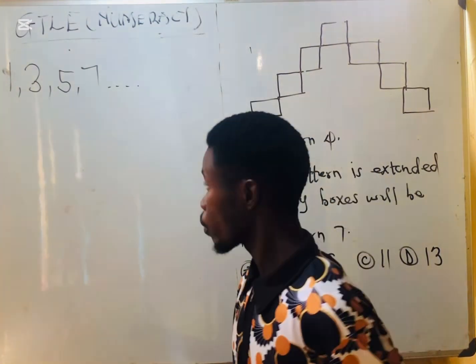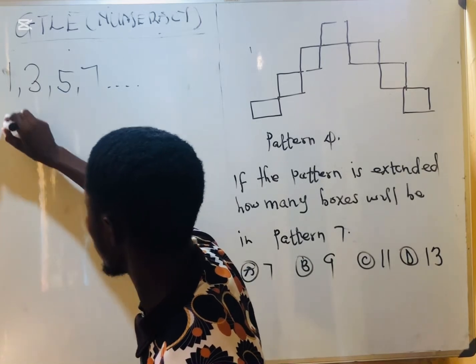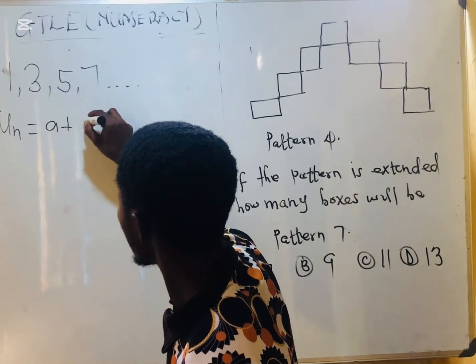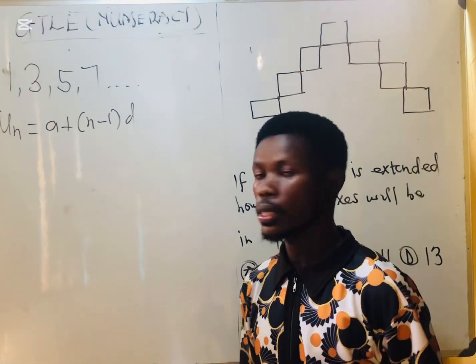Now when it comes to sequence, we have a formula to use, which is U_n equals a plus (n minus 1)d.